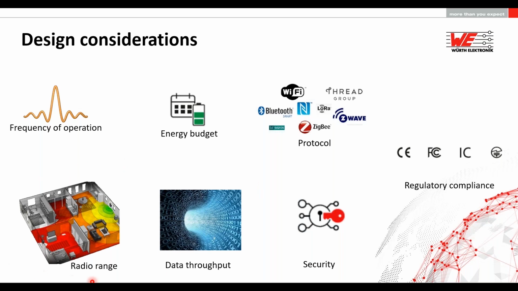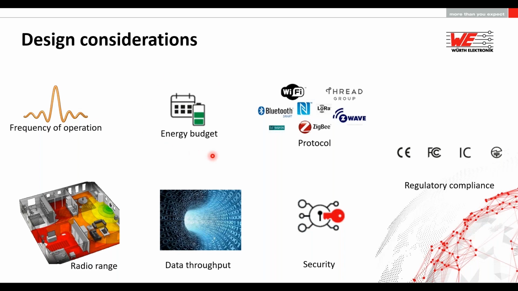A few other factors to consider are the radio range and data throughput. The wireless connectivity solution has to support the range intended for the application, and also should be able to provide the data throughput necessary for the application.